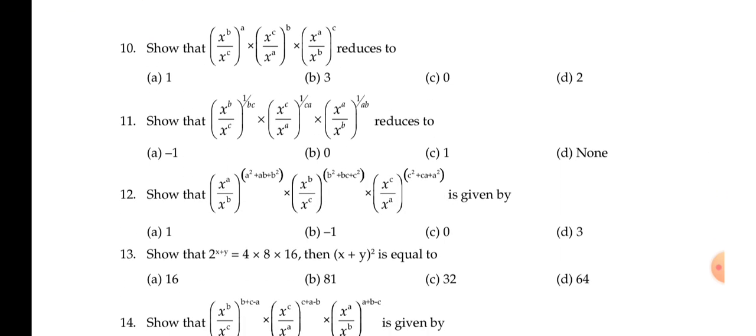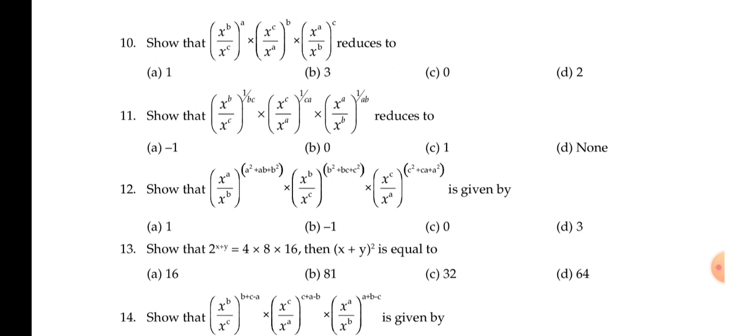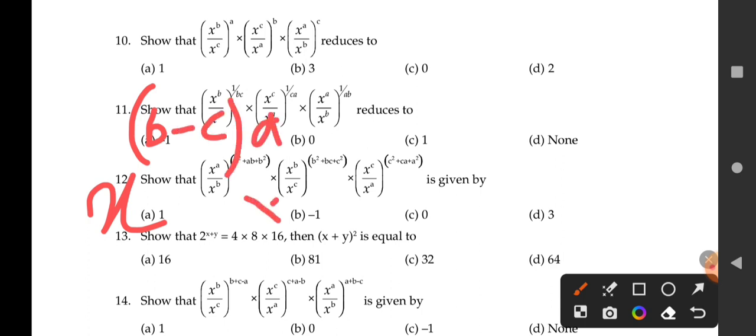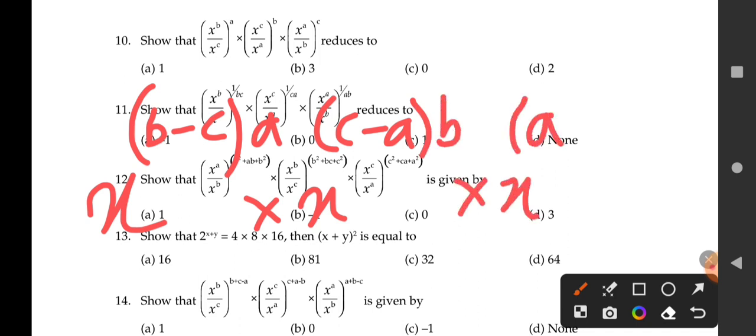Question number 10. Again, it is a very easy question we have already done. Let's do it quickly. So we have b minus c into a, then x power c minus a into b, then x power a minus b into c.